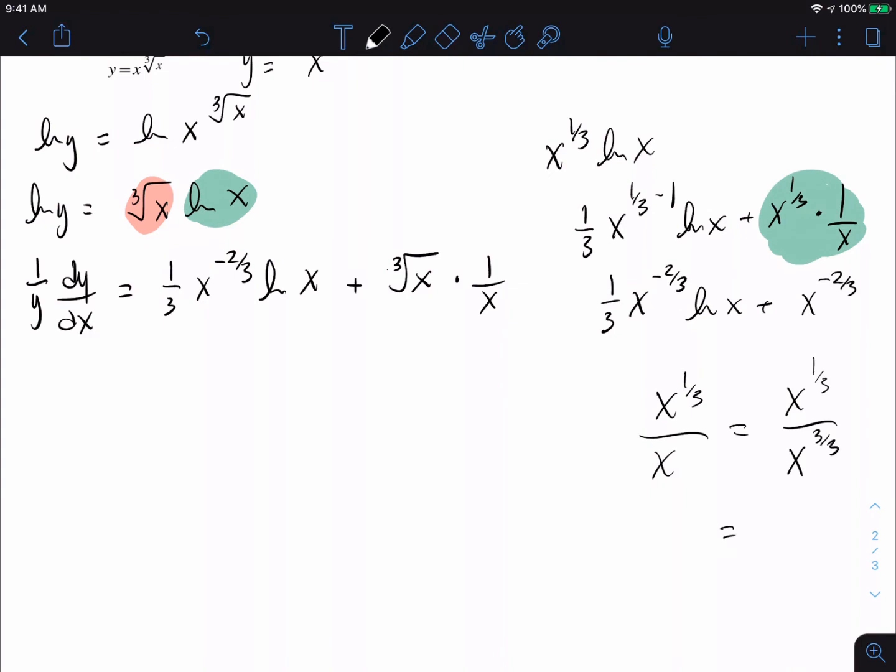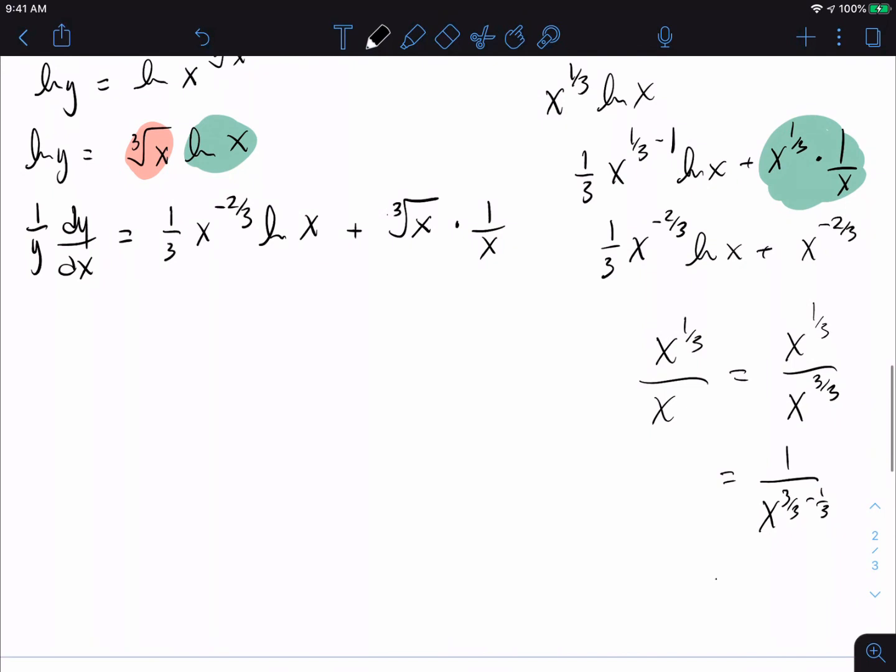Which gives me 1 over x to the 3 over 3 minus 1 over 3, which then gives me 1 over x to the 2/3, or x to the negative 2/3. Interesting. Yeah, it's algebra.